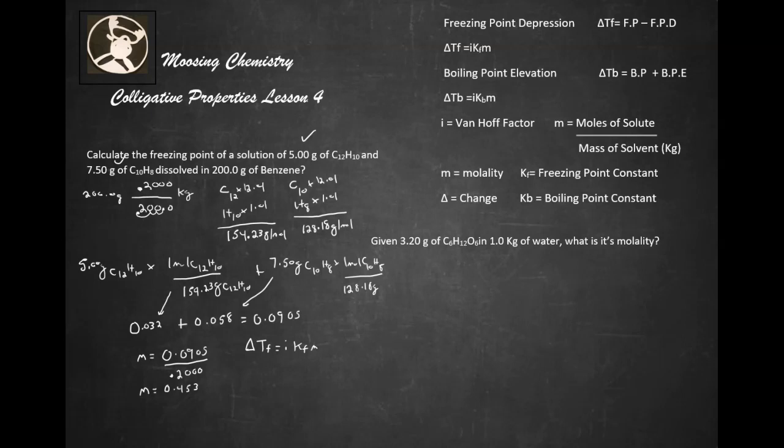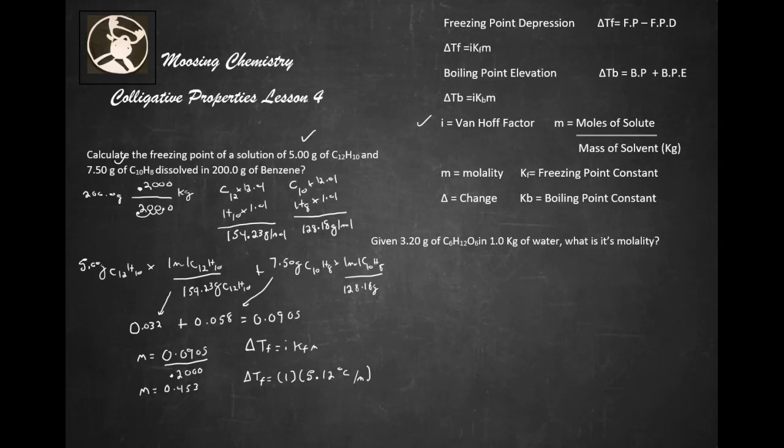Benzene is not an ionic compound, so the Van't Hoff factor, that i, is going to be 1. So you go delta TF equals 1 times, now benzene's KF, which is different from water, is going to be 5.12 degrees C over m.